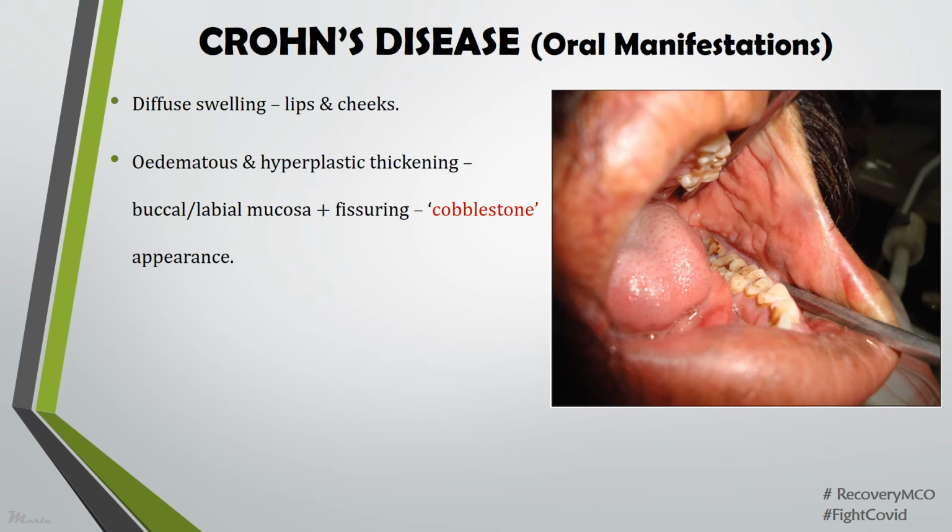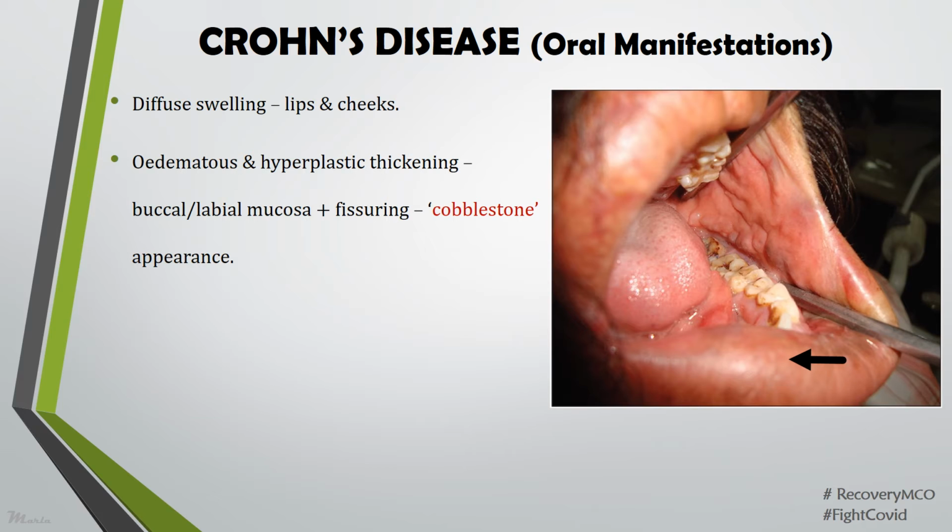When oral features are seen in relation to this disease, we would generally see the most common feature, that is the presence of diffuse swelling of the lips and cheek. Remember that this feature is the most prominent feature seen in any orofacial granulomatosis.